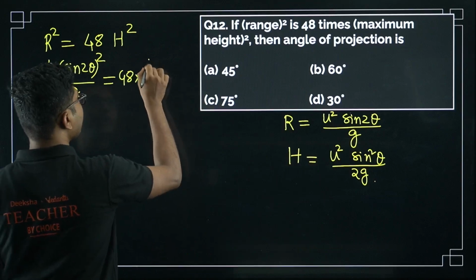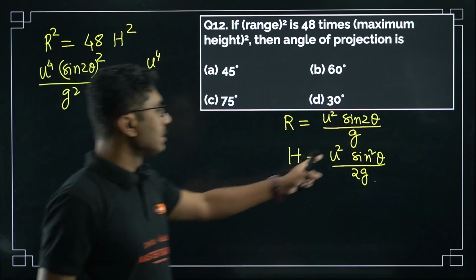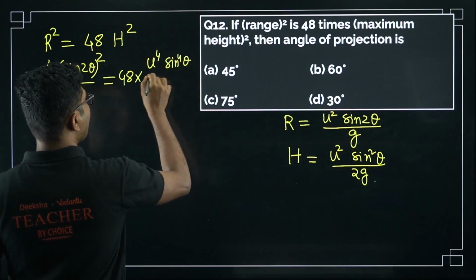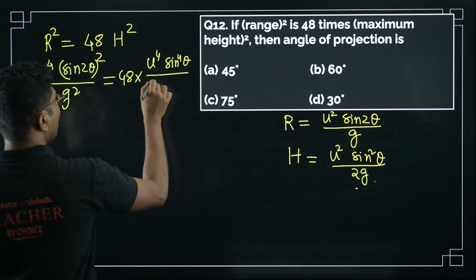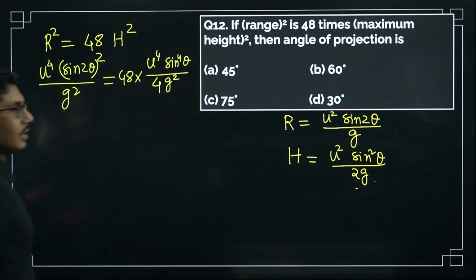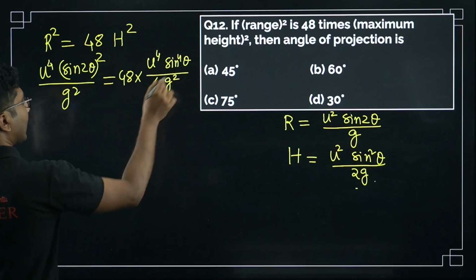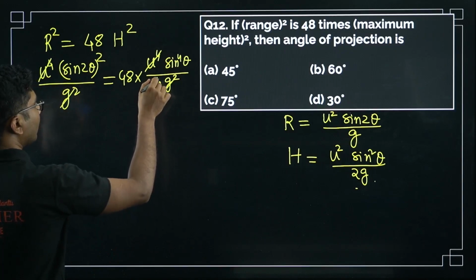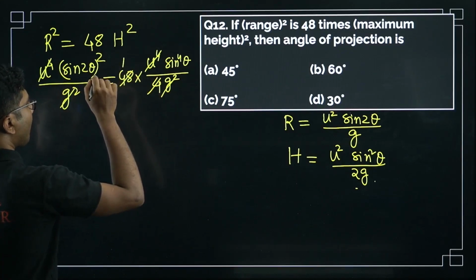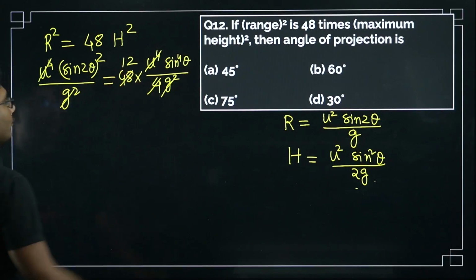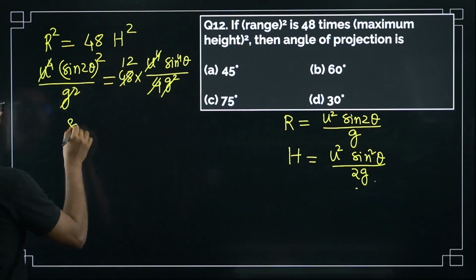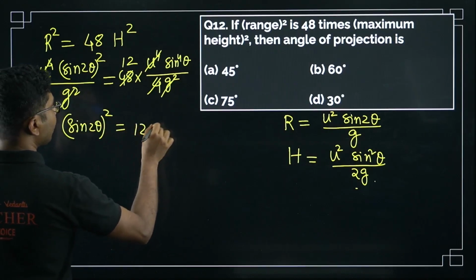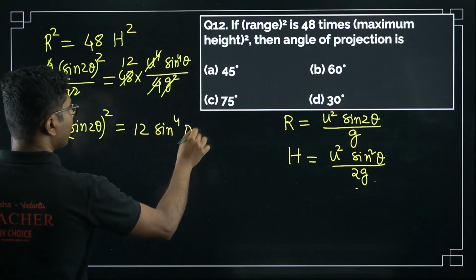Height u square squared will be u to the power 4, sine square will be sine to the power 4 theta divided by 2g will be 4g square, right? 4g square. So you can cancel all the common terms, g square cancels, and 4 ones are 4, you will get 12 over here. So sine 2 theta whole square equals 12 sine to the power 4 theta.